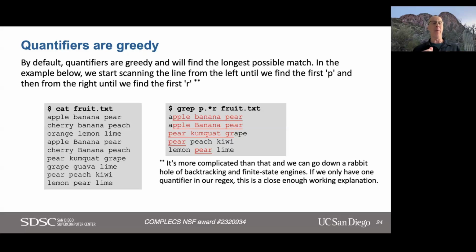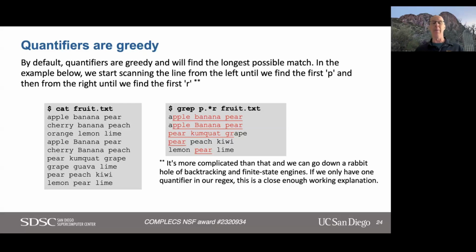So looking at our fruit file again, remember we have about 10 lines containing each the names of 3 fruits. So here we're going to do a search. grep p.*r fruit.txt. So this is going to mean that we're going to look for a p followed by 0 or more of any characters. So recall that the dot is the wildcard that matches everything except a new line, followed by an r.